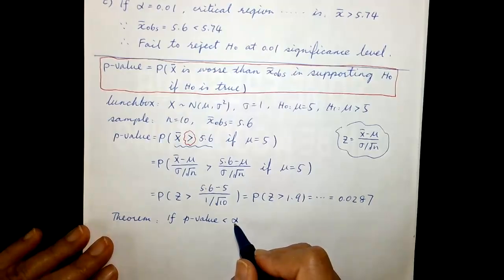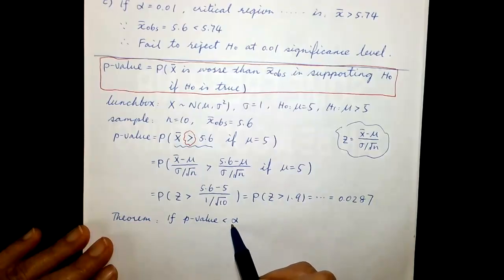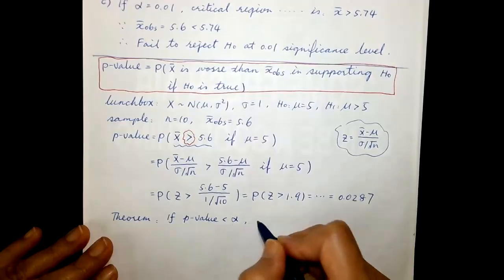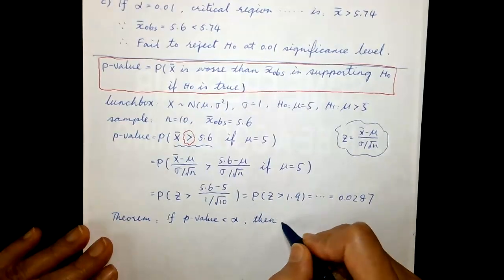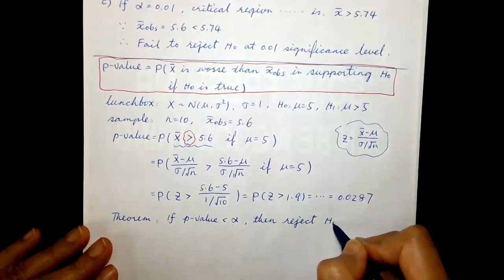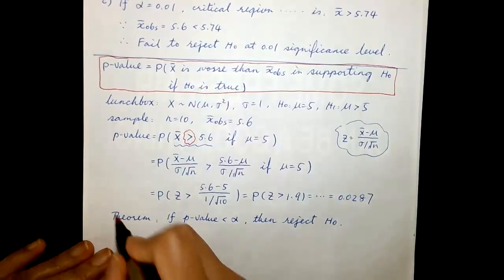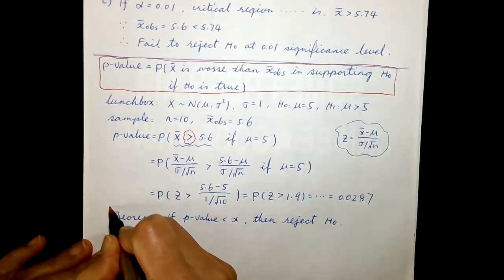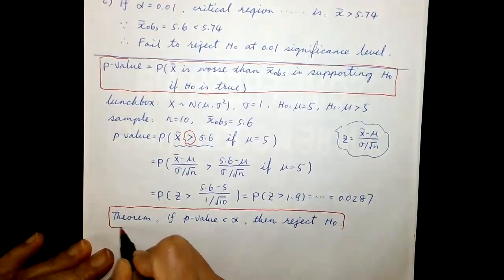By default, it's 0.05, sometimes 0.01 or even smaller. So if p-value is even smaller than this little value, then p-value is too small. As I've argued, when p-value is too small, we don't support H naught. Right? This theorem is probably the shortest theorem you've ever seen, but it's very powerful.